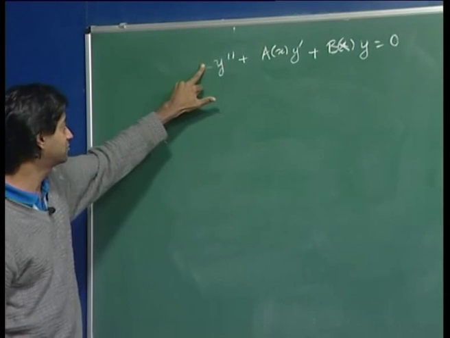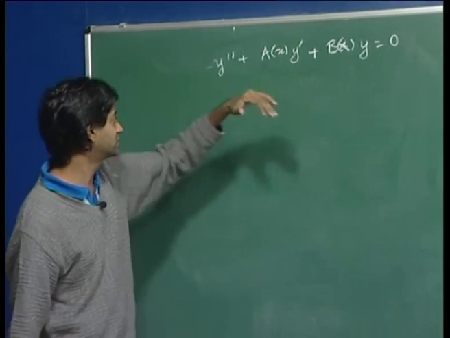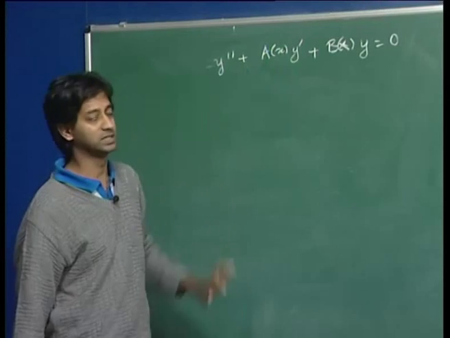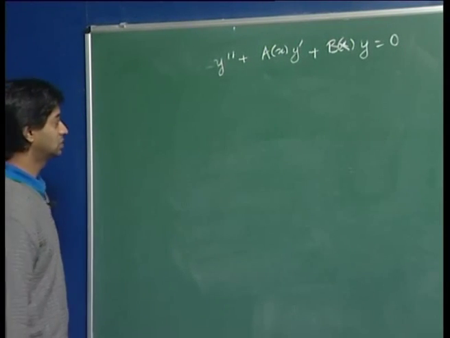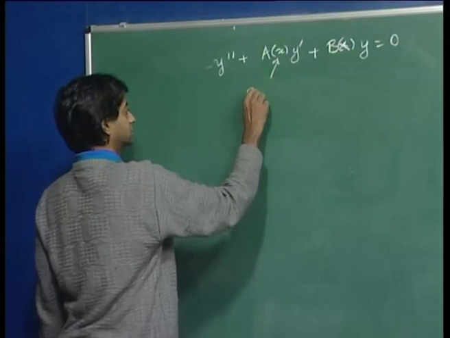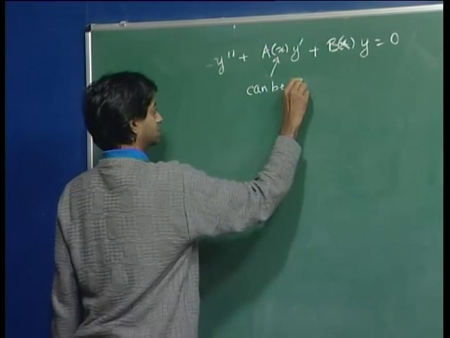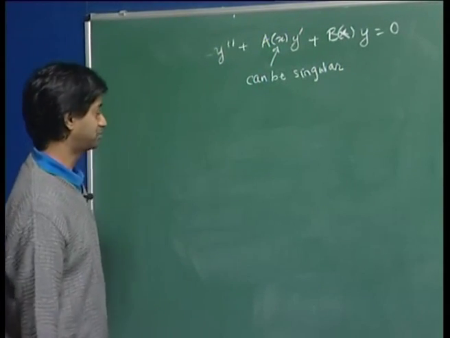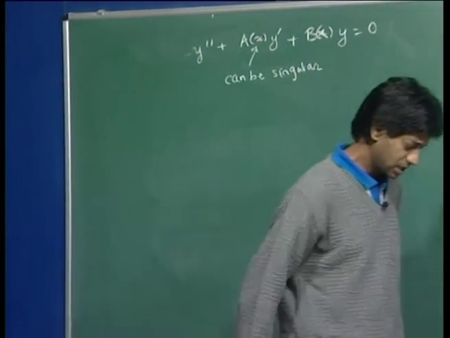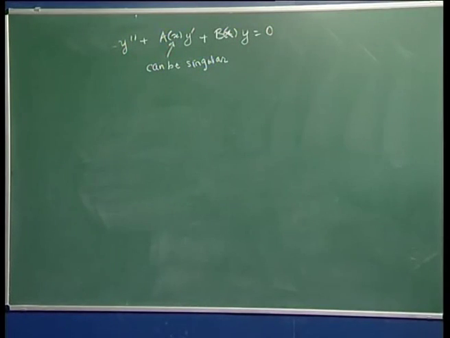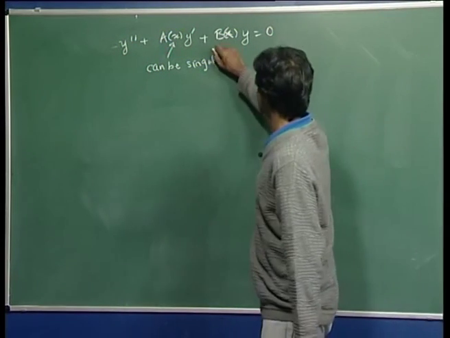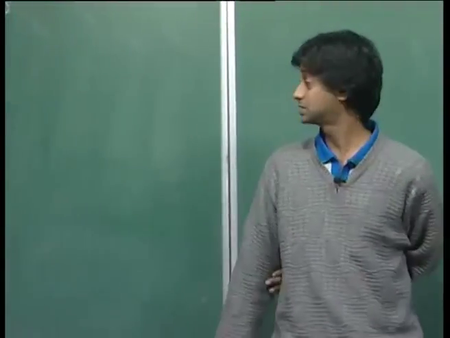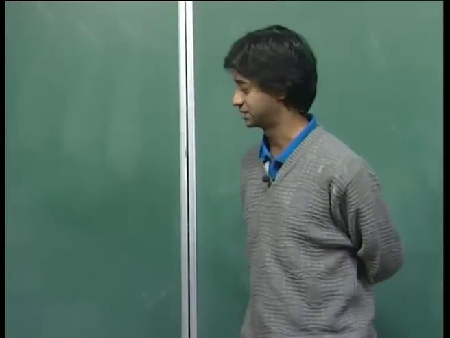Suppose I had a c of x here, then I just divide the whole equation by c of x, and I take that factor into a of x. So, a of x can be singular. It can go to infinity at some points. Both a of x and b of x can be divergent at some point, so there might be certain values of x for which these functions go to infinity.